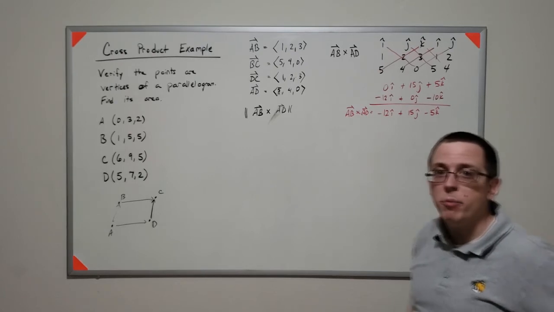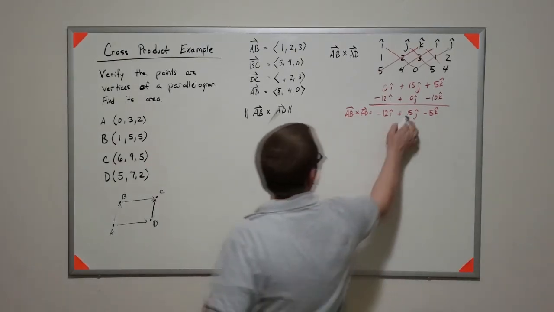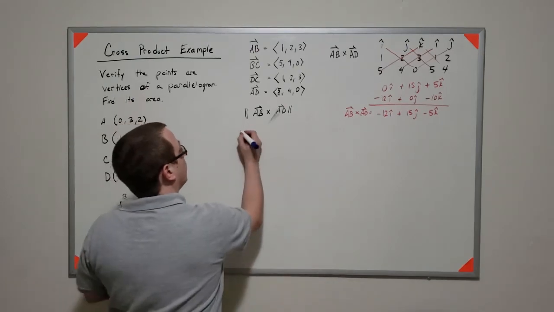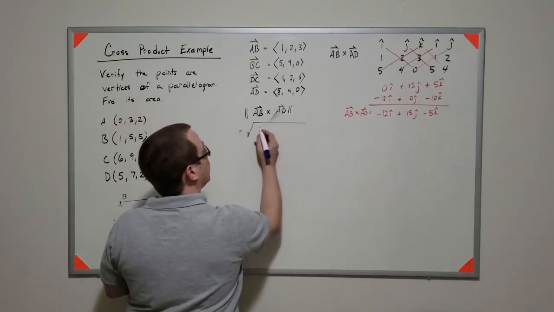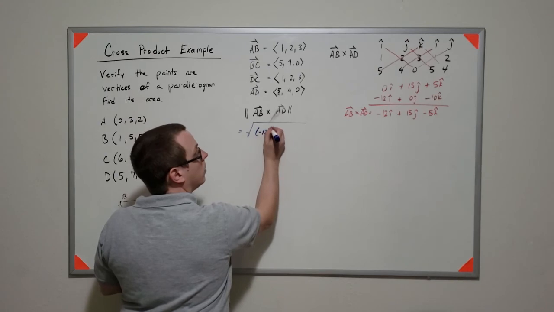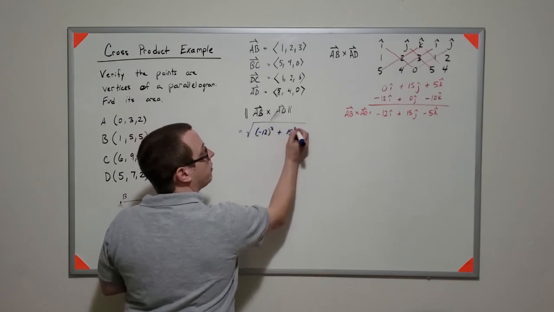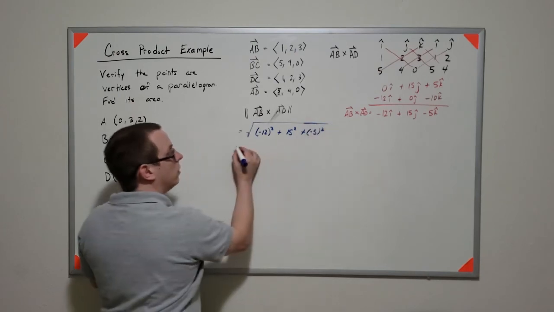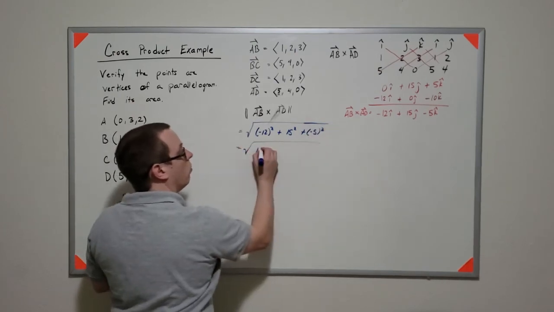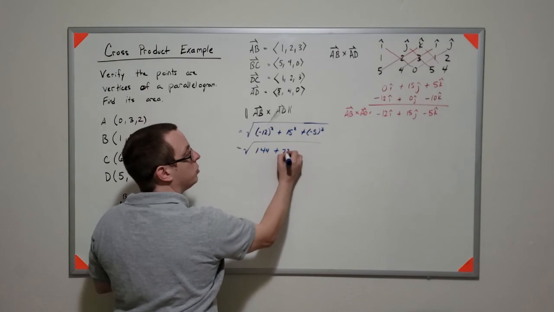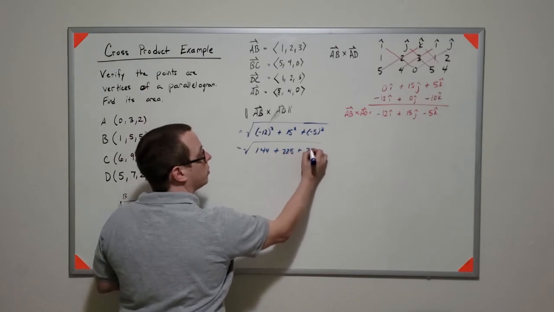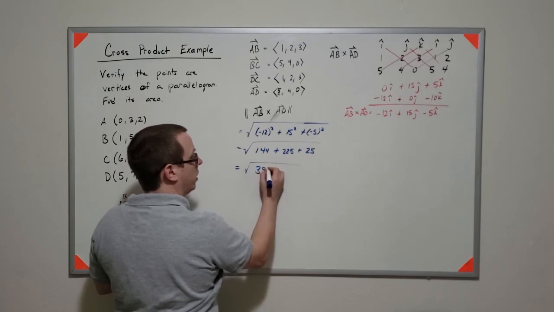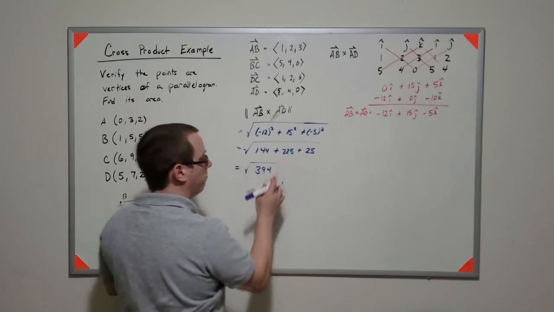So then if I want to get the magnitude of the vector that we've just created, negative 12 squared plus 15 squared plus negative 5 squared. 144 plus 225 plus 25, 394.